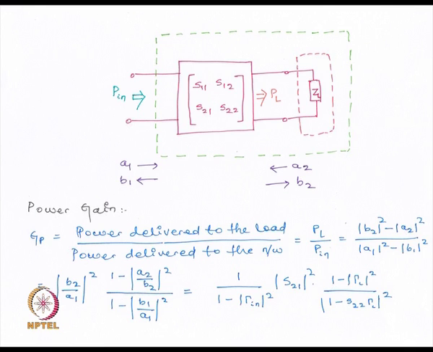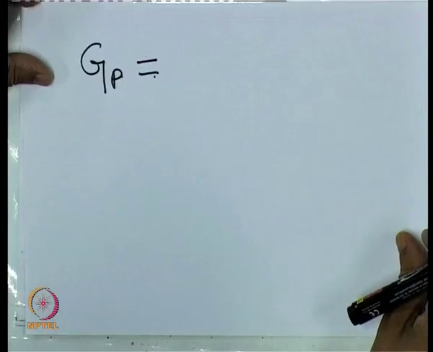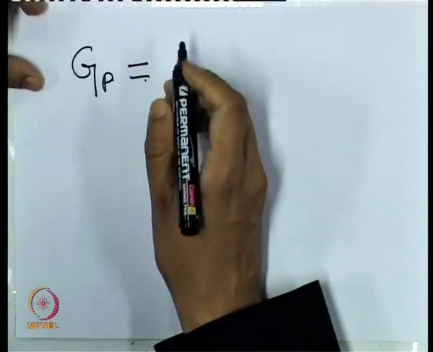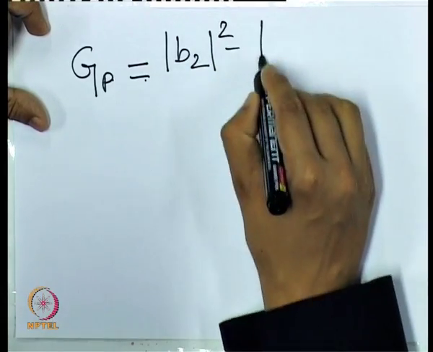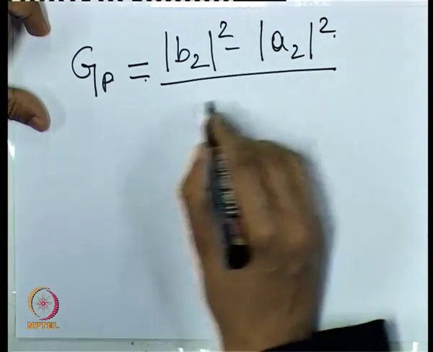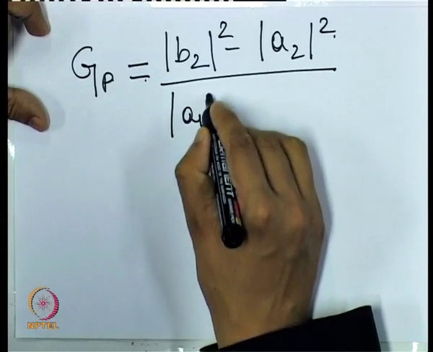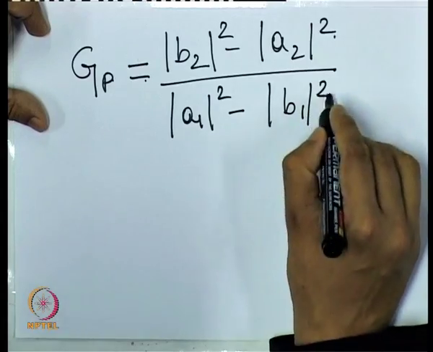So, we have Gp equal to B2 magnitude square minus A2 magnitude square upon A1 magnitude square minus B1 magnitude square.